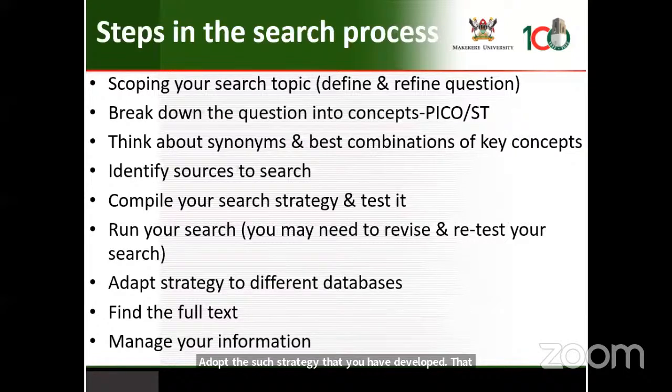The concept will not change because you picked the terms from the research question, but the symbols may change. So you cannot just copy a search strategy from PubMed and paste it in Web of Science, for example. It may not give you results. You have to first go to Web of Science and look at what symbols they use and how they combine these terms. You adapt to that, you put in your search terms and you search another database.